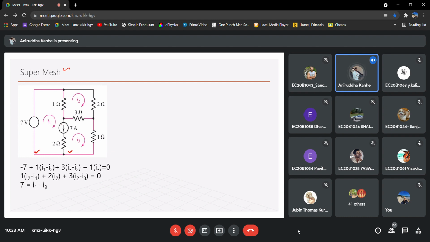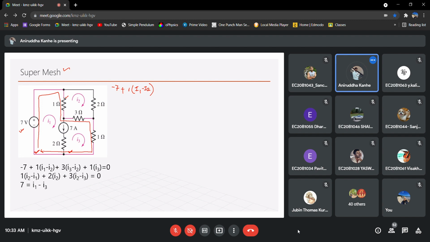So how can we write the equation for this? Let us start from here. What you have to do is consider the loop in this way, and you start from here. So minus 7 plus, now you're here, 1 into I1 minus I2.